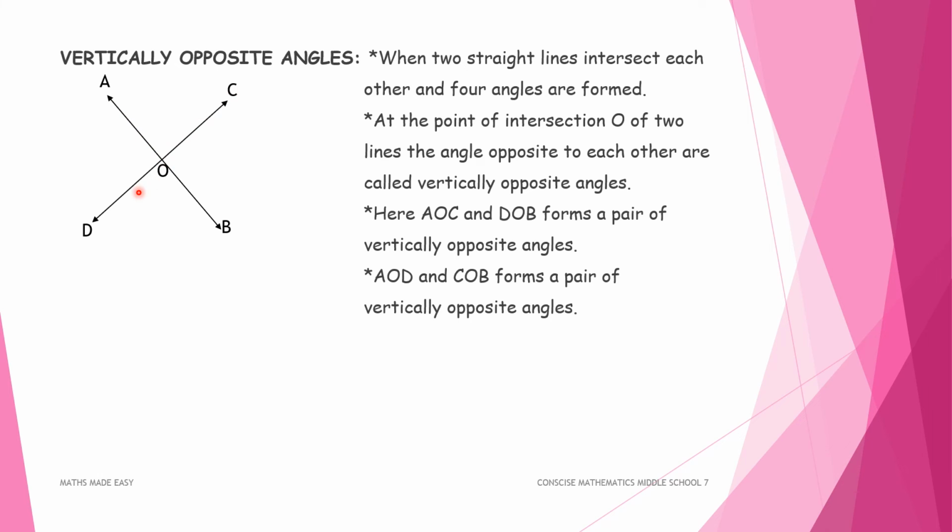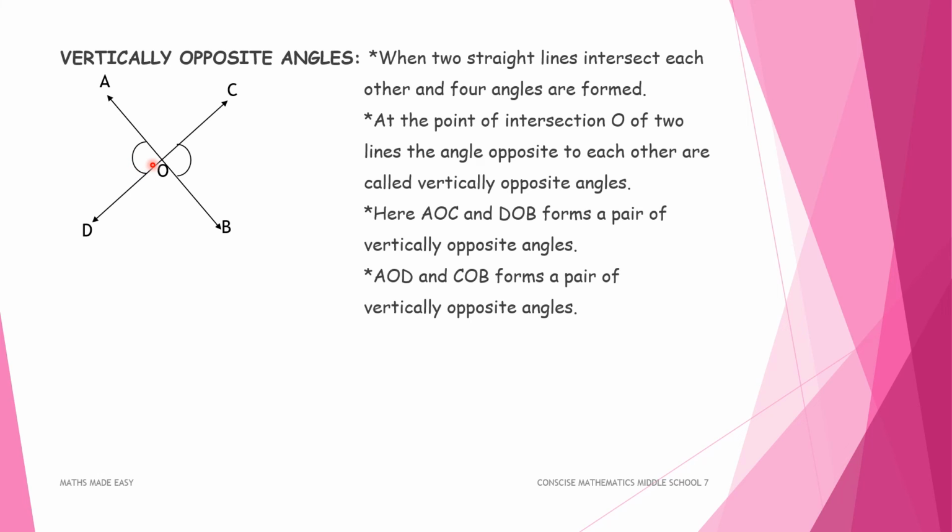AOC is opposite to DOB. These both are opposite angles. And COB is opposite to AOD. These both are opposite, right? I hope you understood it. These both are vertically opposite angles.